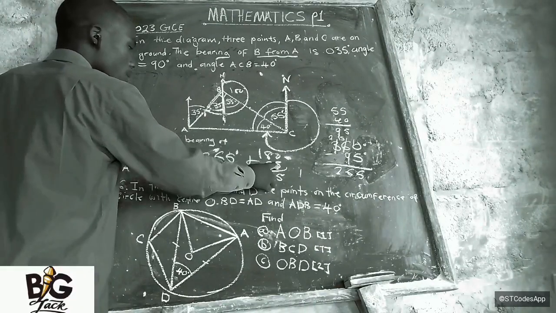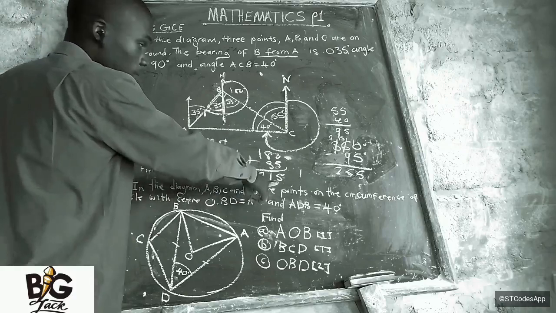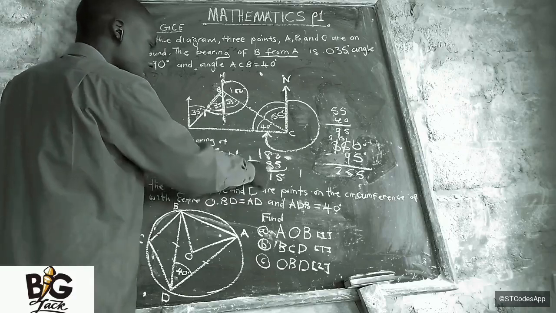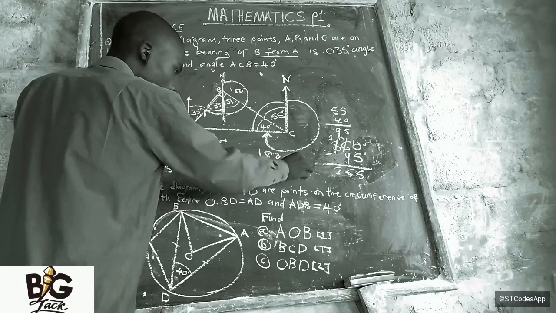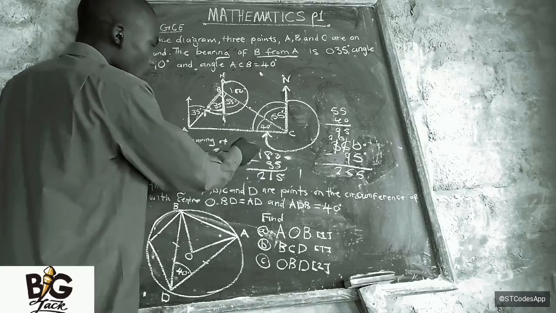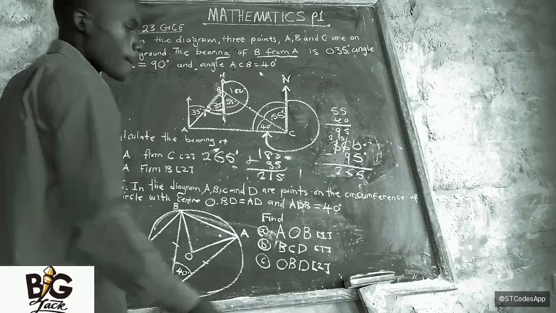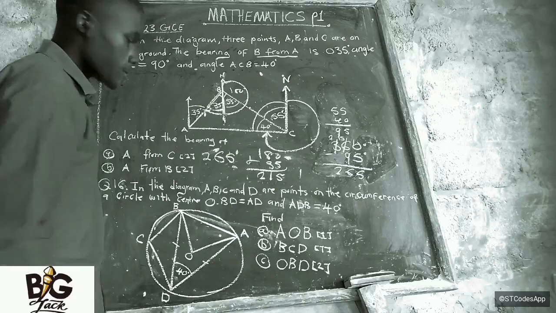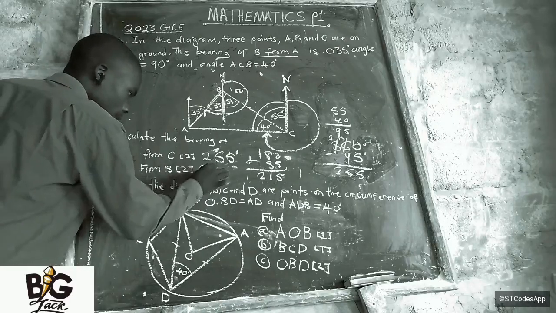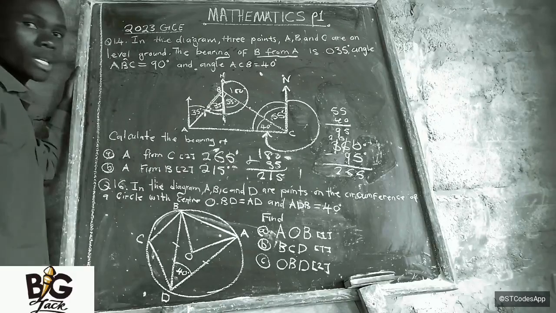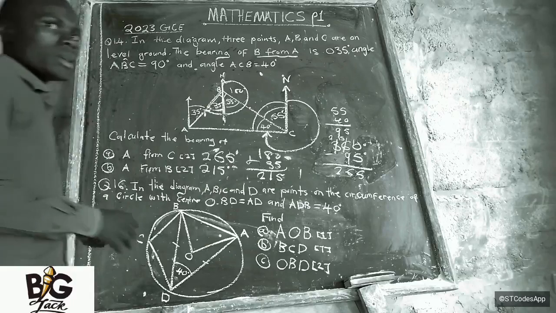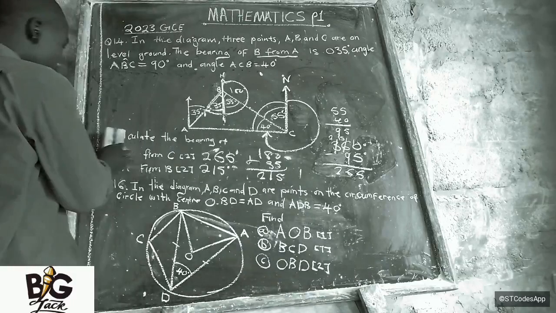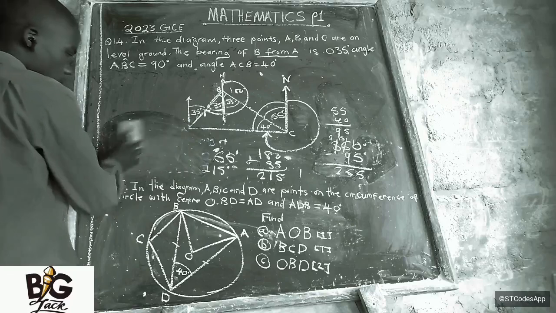So 0 plus 5, we are going to get 5. Then 8 plus 3, we are going to get 11, so 1, then 1. Then 1 plus 0, we are going to get 1, plus 1. That is 215 degrees. So our answer here is going to be 215 degrees.